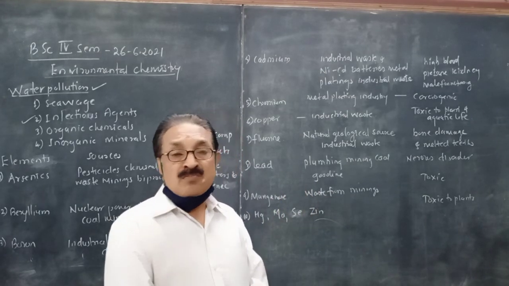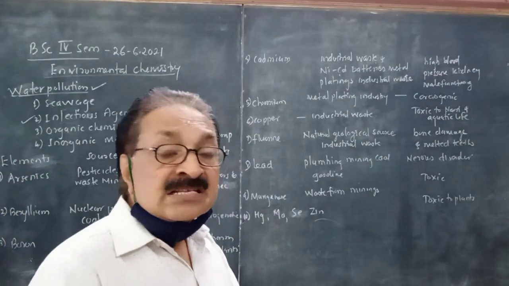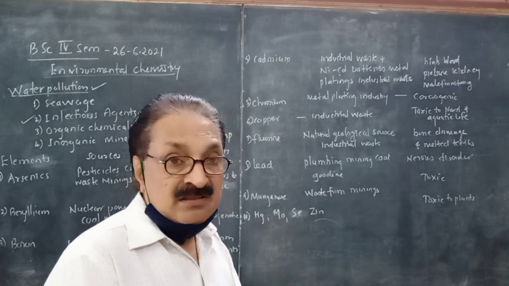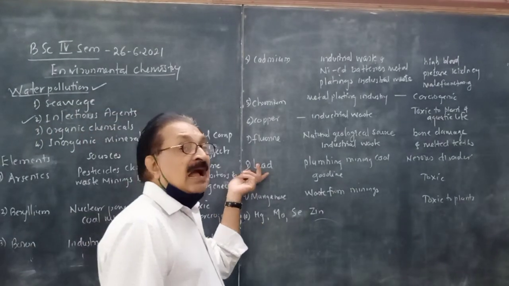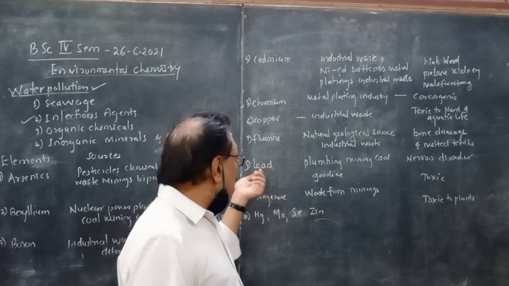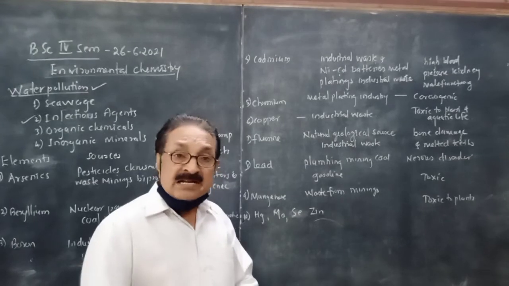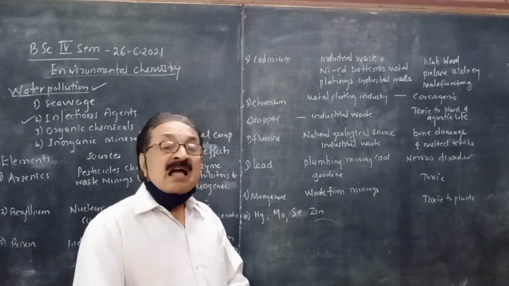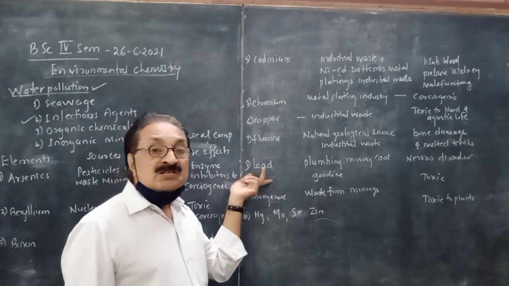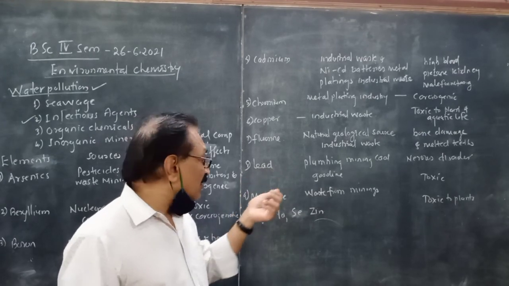And most important, the American government has strictly instructed that school children's blood be checked every month, and whatever lead content is in the blood is recorded. If the percentage of lead in the blood goes on increasing, that leads to different types of diseases. And the American government takes a lot of care to check the blood of the kids, whether it is free from lead content or not.